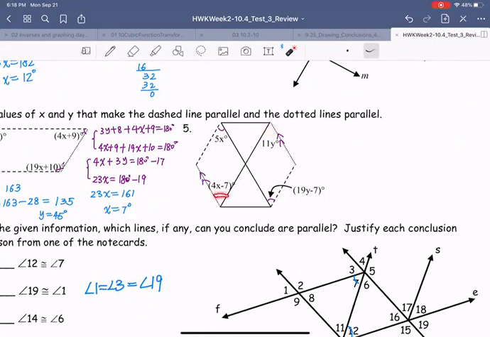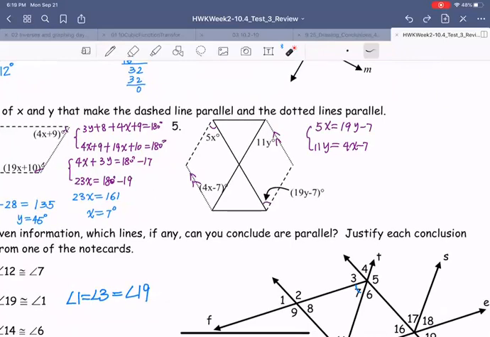This is 4x minus 7. Here is 19y minus 7. Okay. 4x minus 7 equals 11y. And then 5x equals 19y minus 7. Perfect. Now go ahead and solve the system of linear equations.